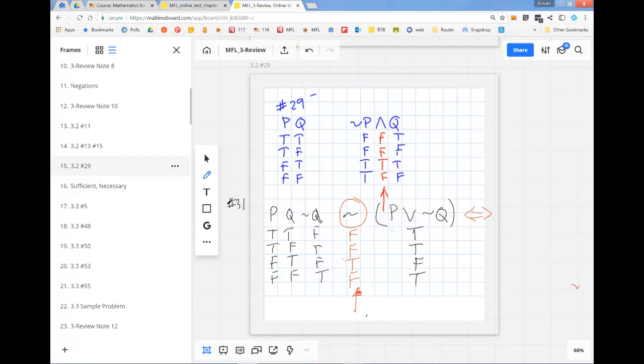But you negate the first, you negate the second. What happens when you negate a negation? It becomes regular. And then you have to flip that thing over. Yep. So if we did this, we'd get the same answer. You would get false, false, true, false.